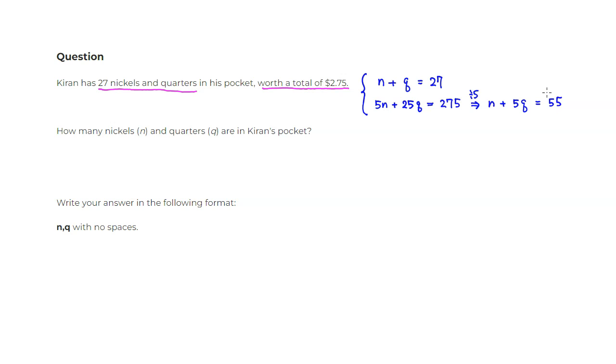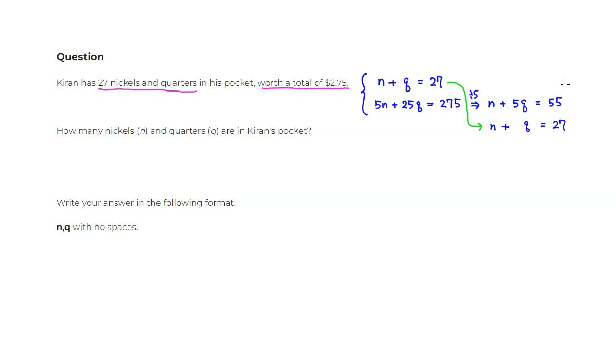Right, and I'm going to bring this first equation over so that it lines up nicely, so that we have n plus q is equal to 27. All right.